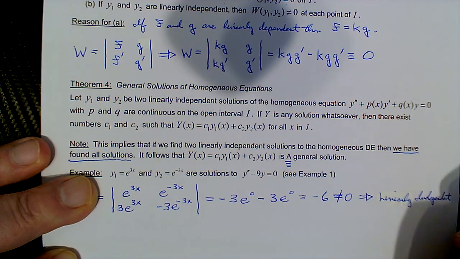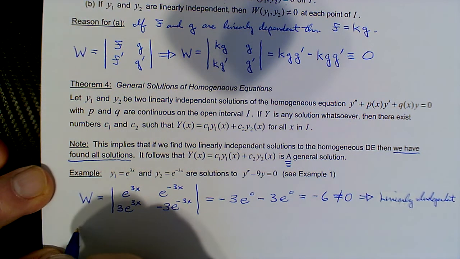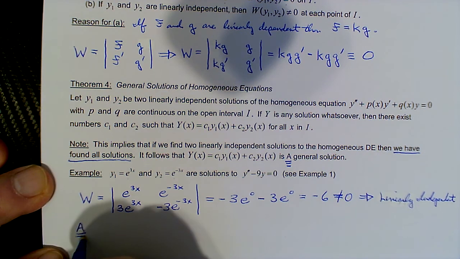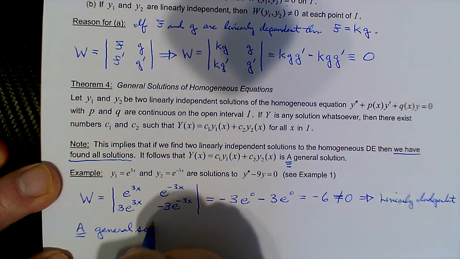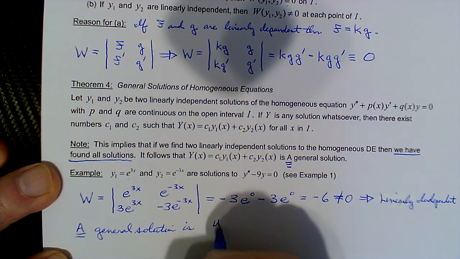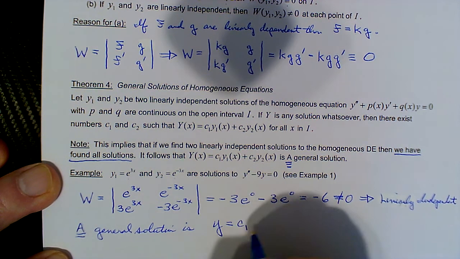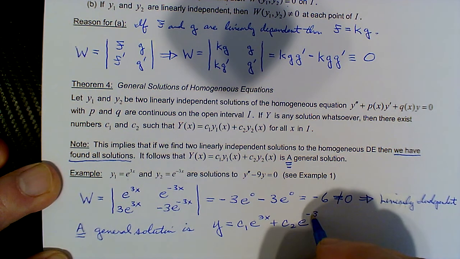So we would say that a general solution is y equaling c1 e to the 3x plus c2 e to the negative 3x.